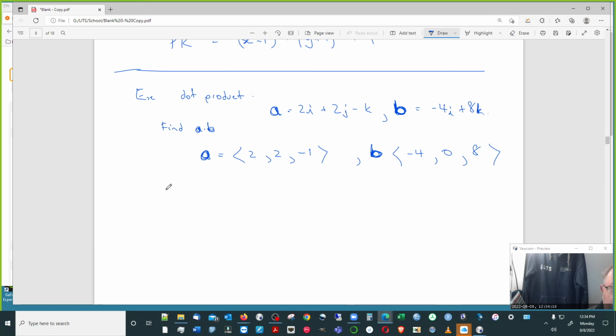Okay, so A dot B, and it's going to be the sum of products. So 2 times minus 4 is minus 8. 2 times 0 is 0.